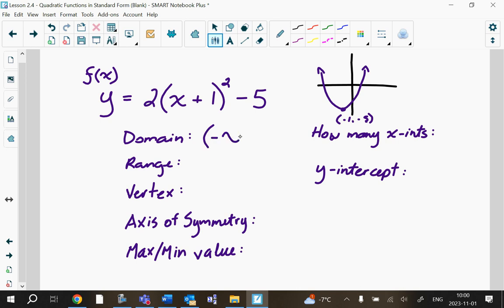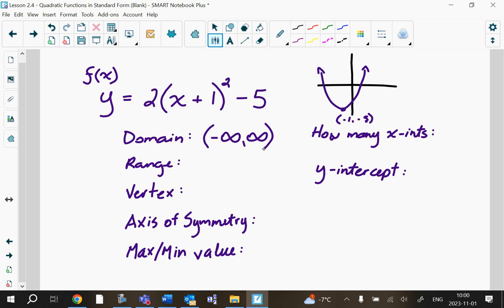It doesn't matter what this looks like. The domain is always that. The range, the axis of symmetry and the max-min value all depend on the vertex. The vertex is the point we always start with when we sketch the graph or draw it accurately, and it helps us answer other characteristics.